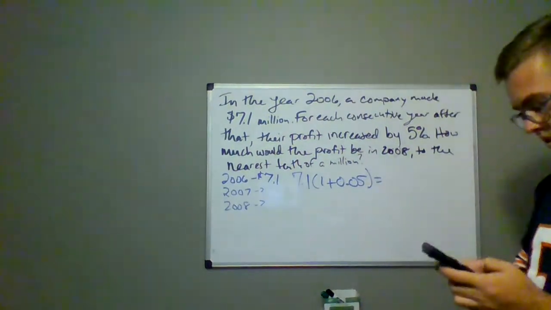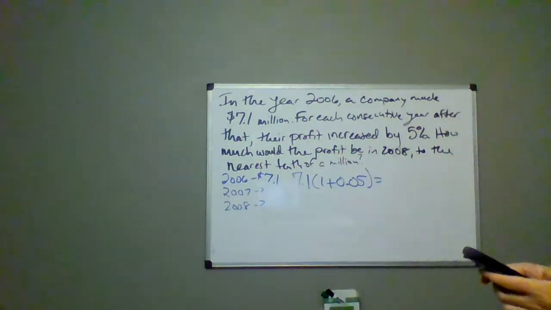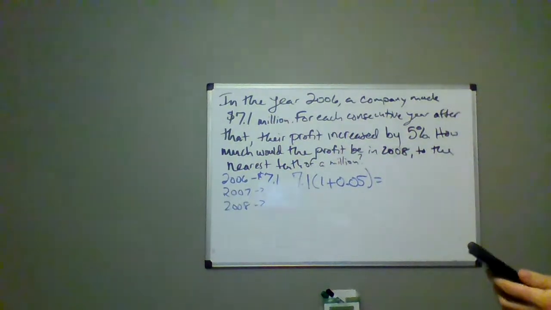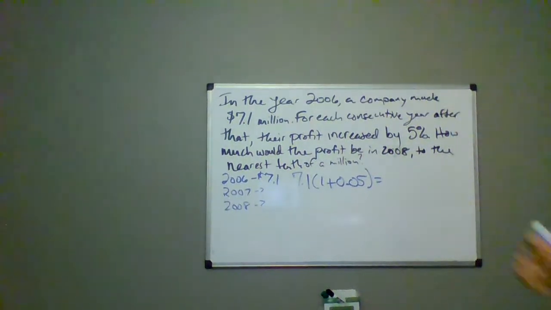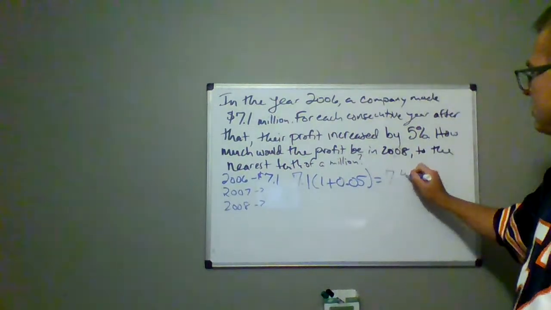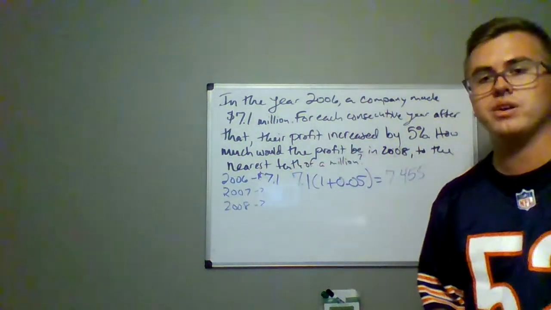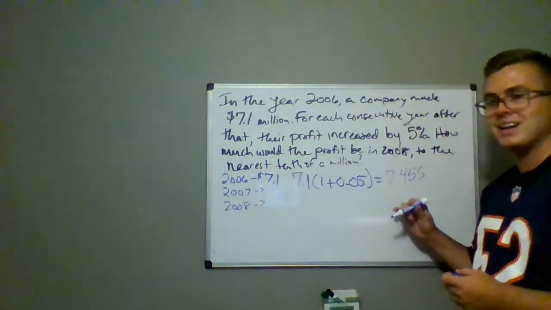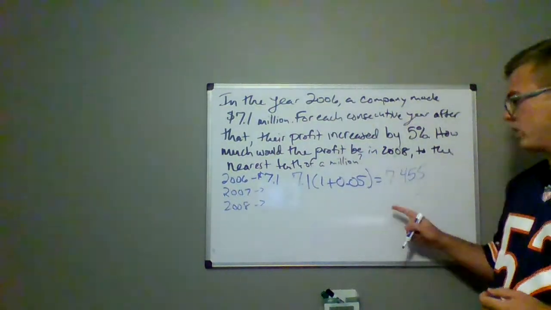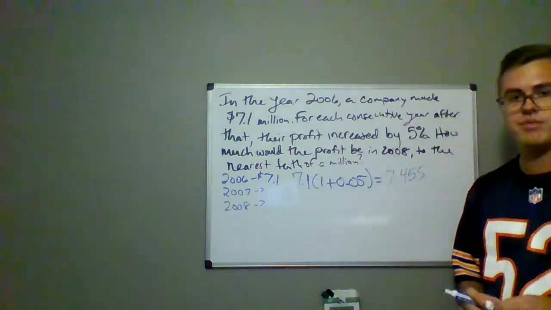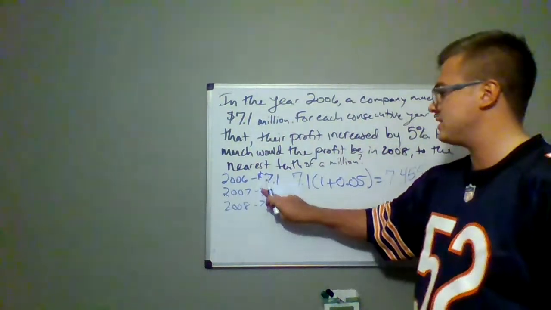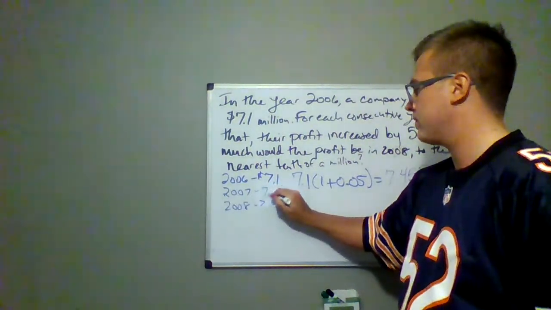So if I do 7.1 times 1.05, I get 7.455. And even though it says round to the nearest tenth of a million, we have to do that at the very end of the problem, not here. We're going to keep that 7.455. So that's what it is in 2007.